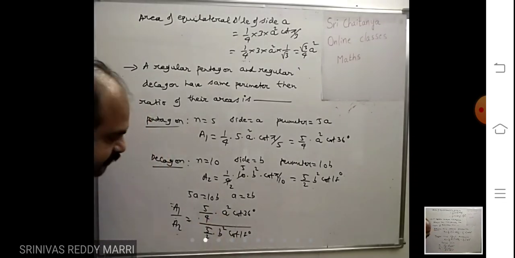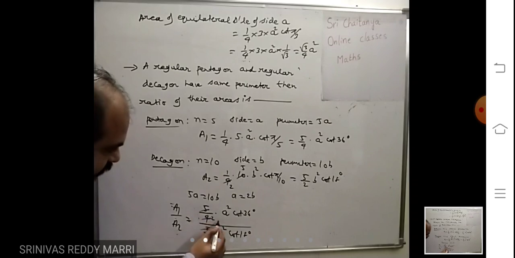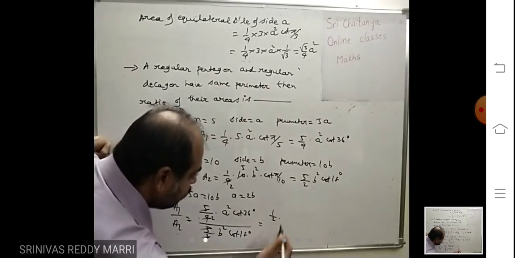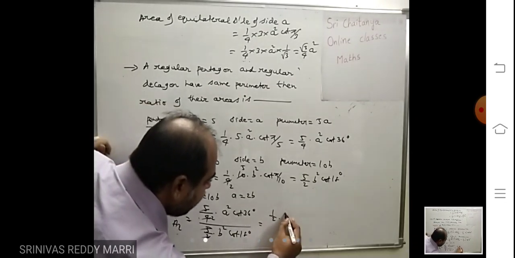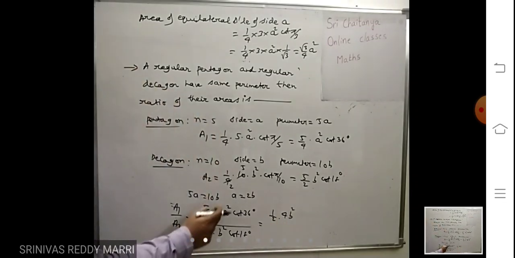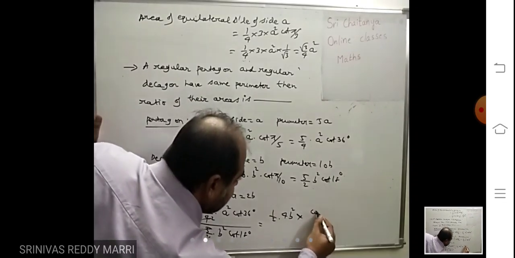Right, now I am substituting this one. The 5 gets cancelled, 2 ones, 2 twos. So a is 2b, so a square is 4b square, into what I am writing as cos by sine.